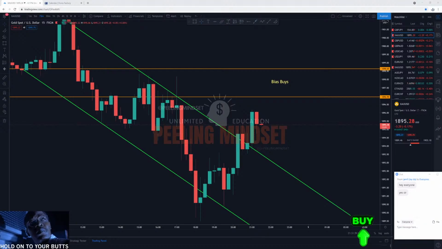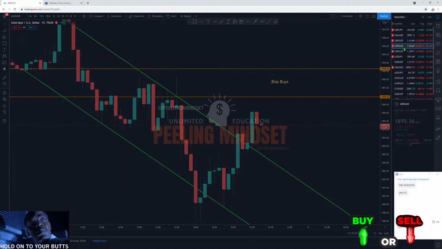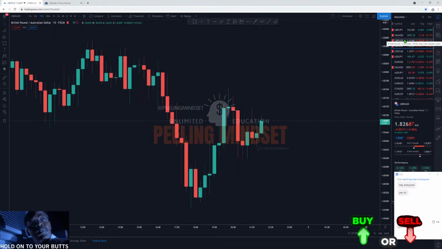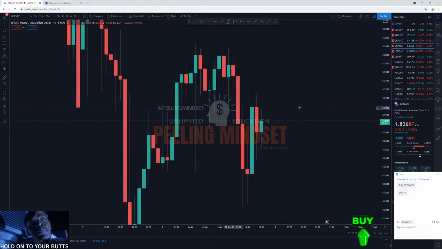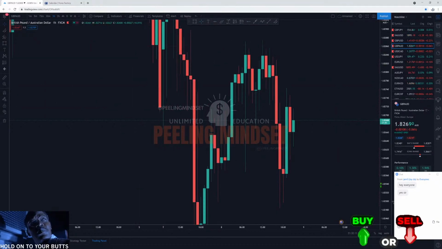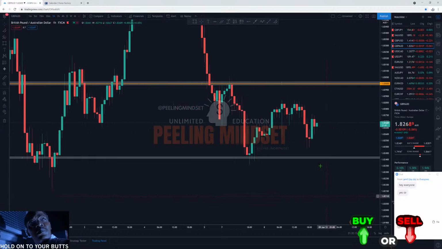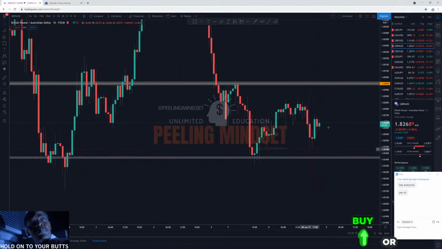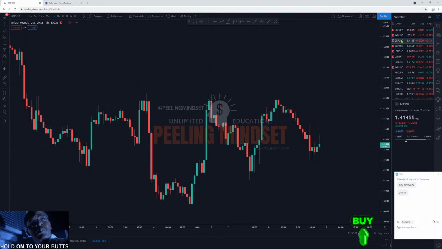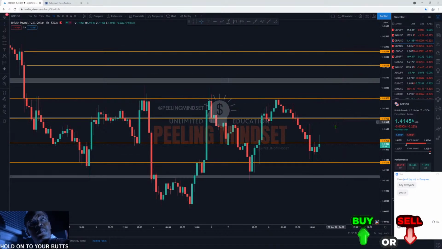Yeah, so the pairs I look at, pound AUD, ranging pretty hard. Pound USD. Oh, let's get pound AUD one more time. Pound AUD not looking the best at this stage. Pound USD not looking the best as well.